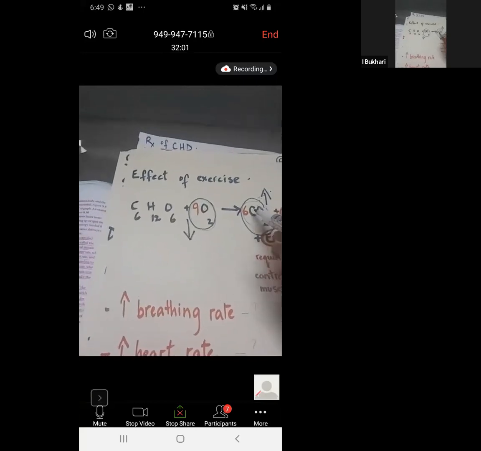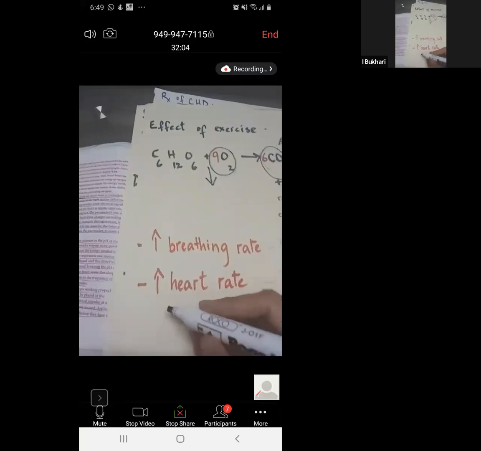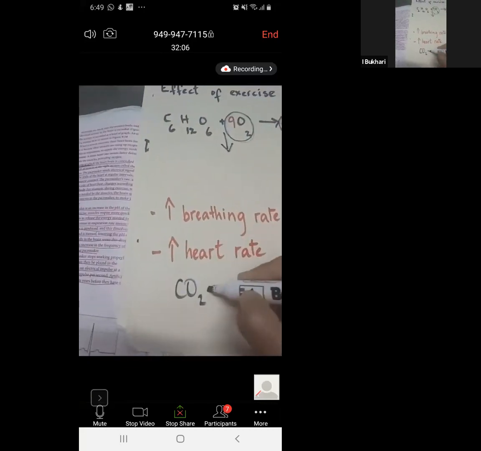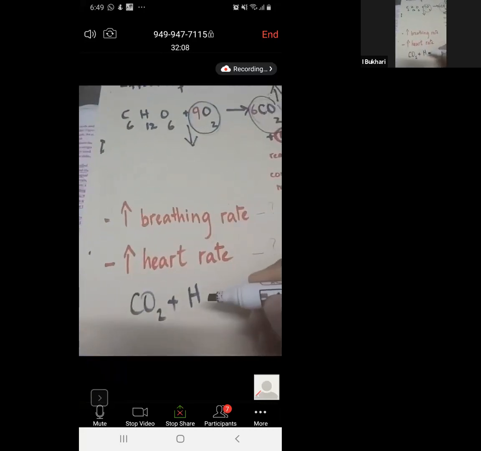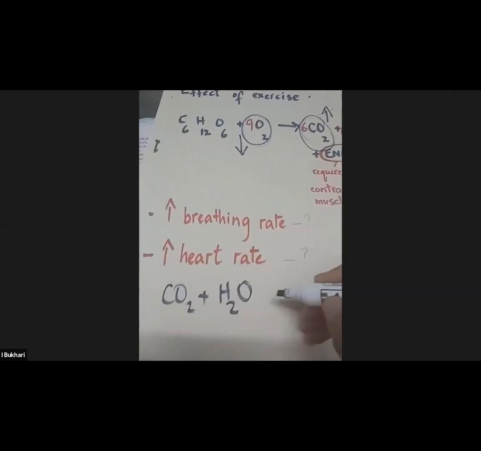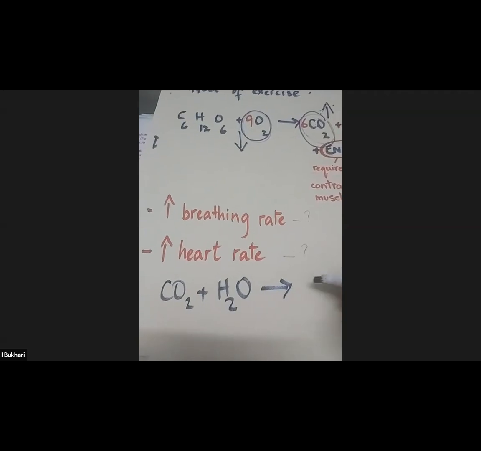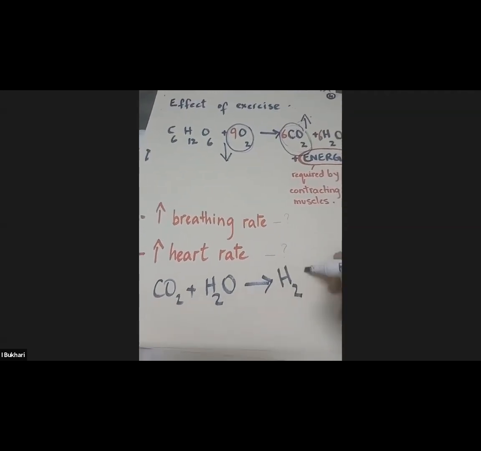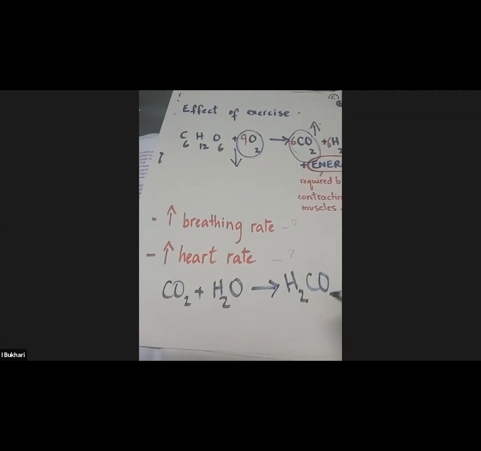Now, when the level of carbon dioxide in the blood increases, this is detected by the brain. How? Carbon dioxide reacts with the water in the blood and forms a weak acid, which is carbonic acid.